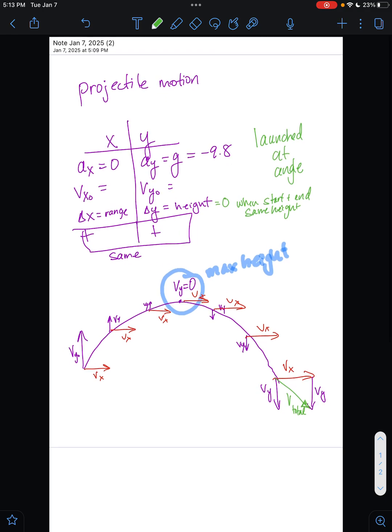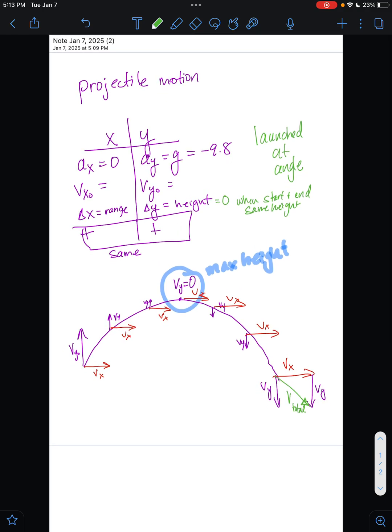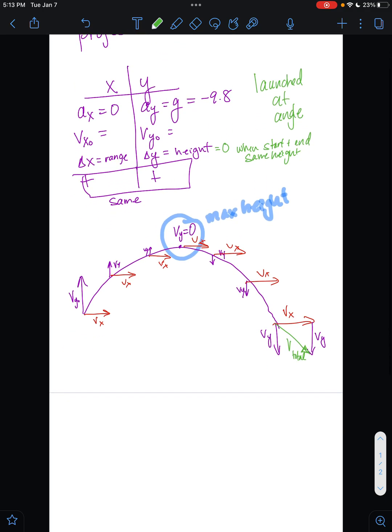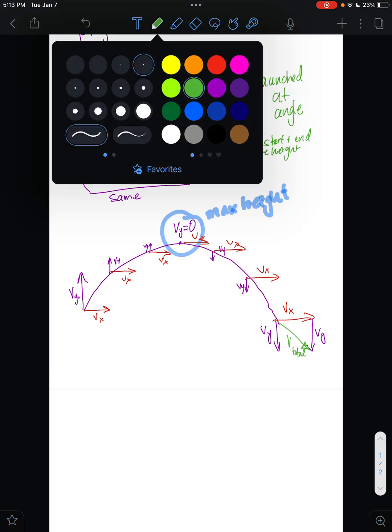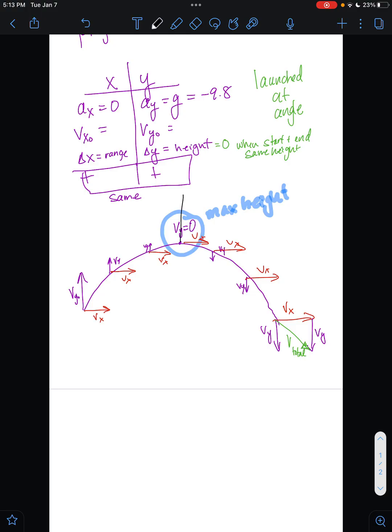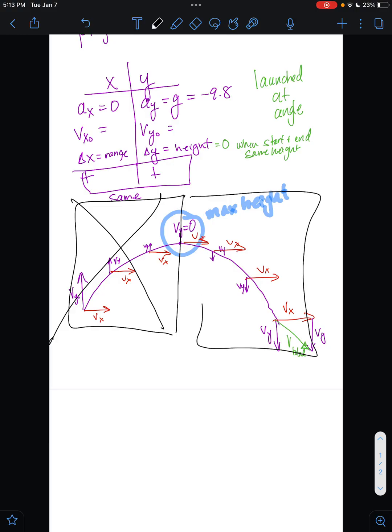The other trick for projectile motion, another hidden given, is if you just launch something horizontally. You're basically starting it right here. You're saying all of this didn't happen, and I'm only looking at this portion right there. This is the portion for launched horizontally.